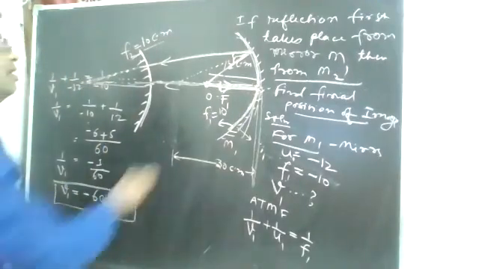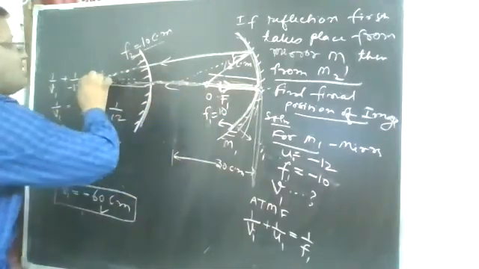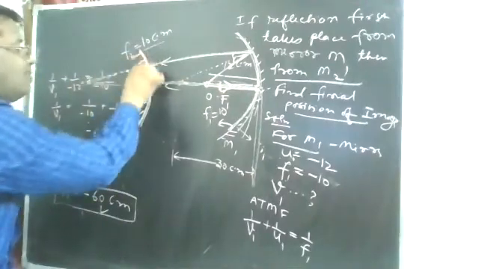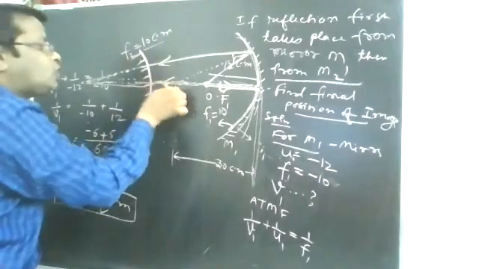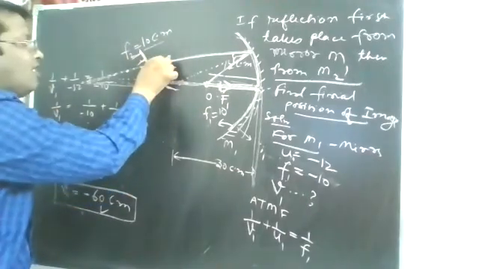But these two rays will cut at 60, and before 60 there is a mirror, a convex mirror. So for the convex mirror, these two are incident rays.